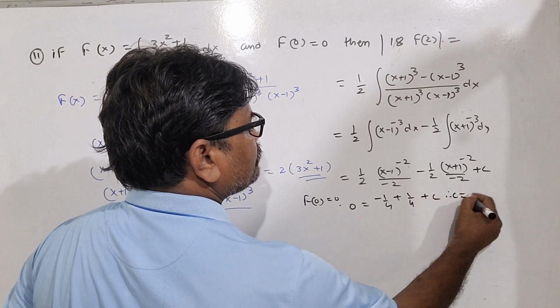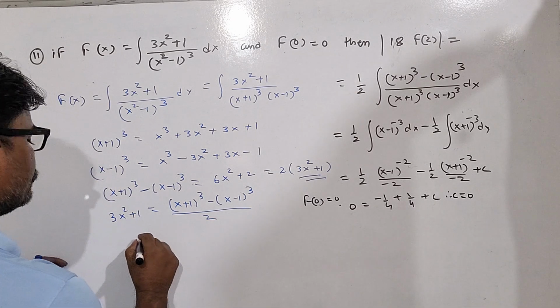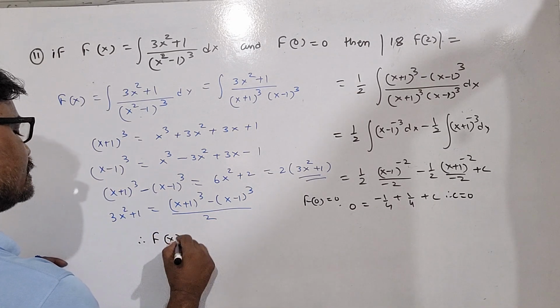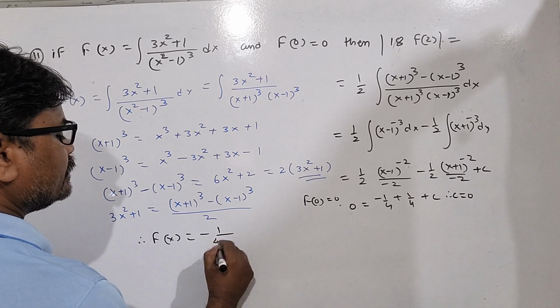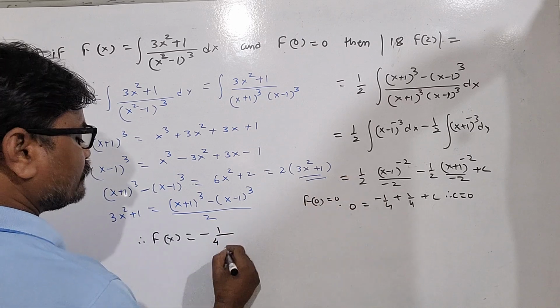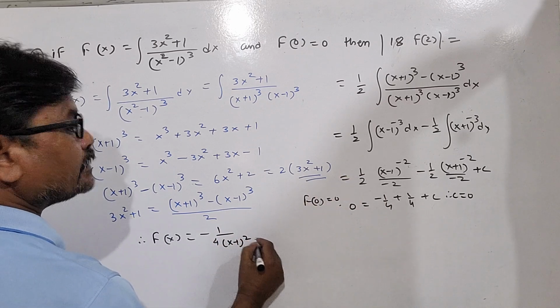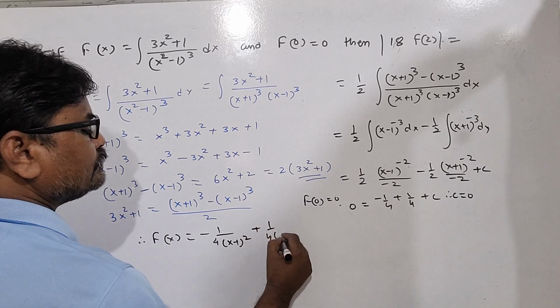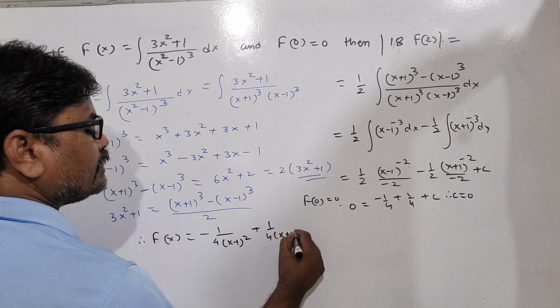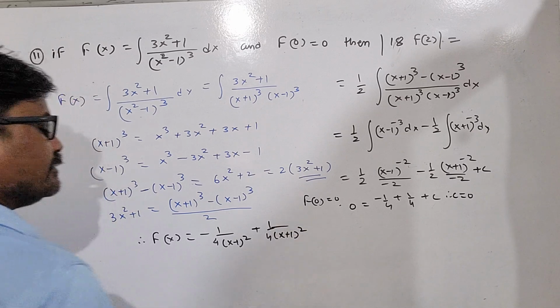So therefore c equals 0. Finally we have come to this f(x). What is f(x)? This is −1/4 into (x − 1)^(−2), and this is plus 1/4 into (x + 1)^(−2), correct?